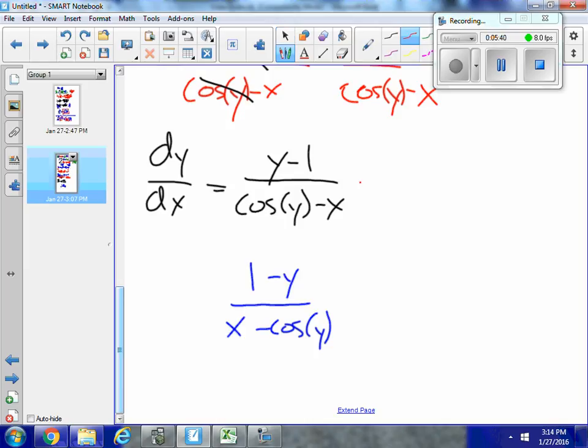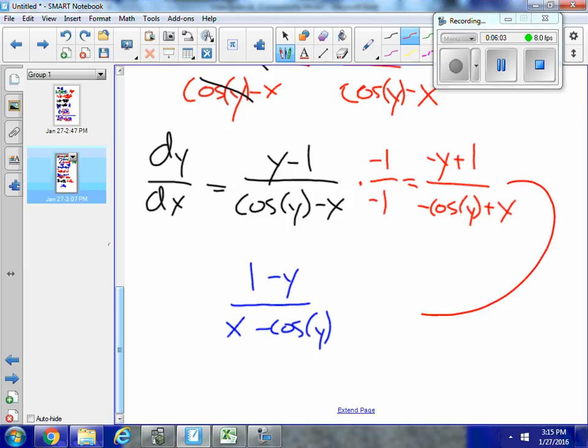If I just multiply this by negative 1 divided by negative 1, in other words, I multiply it by 1, I get negative y plus 1 over negative cosine y plus x, which, of course, is the exact same thing as that.